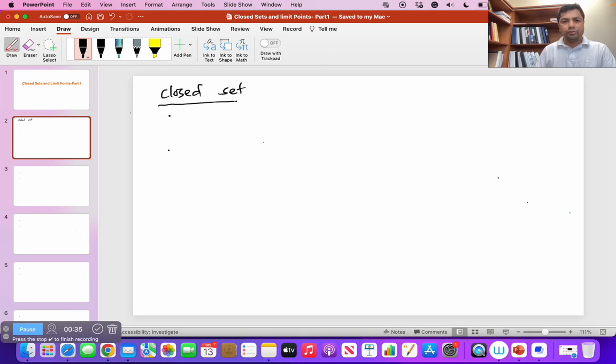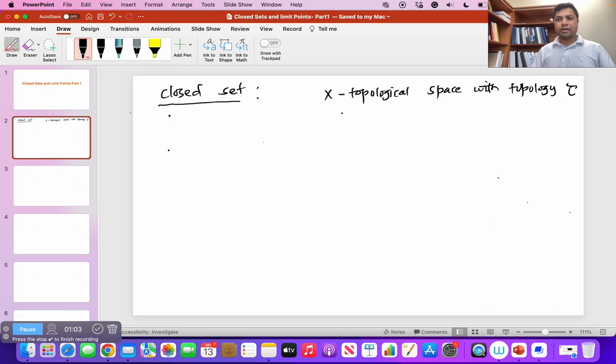Before I give you the definition of closed set, let me remind you of the definition of open set in a topological space. Let's say X is a topological space with topology tau.